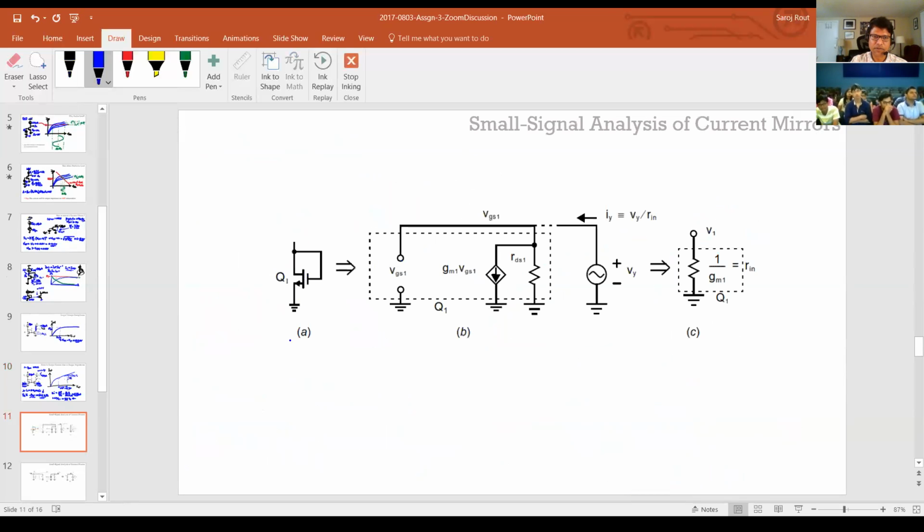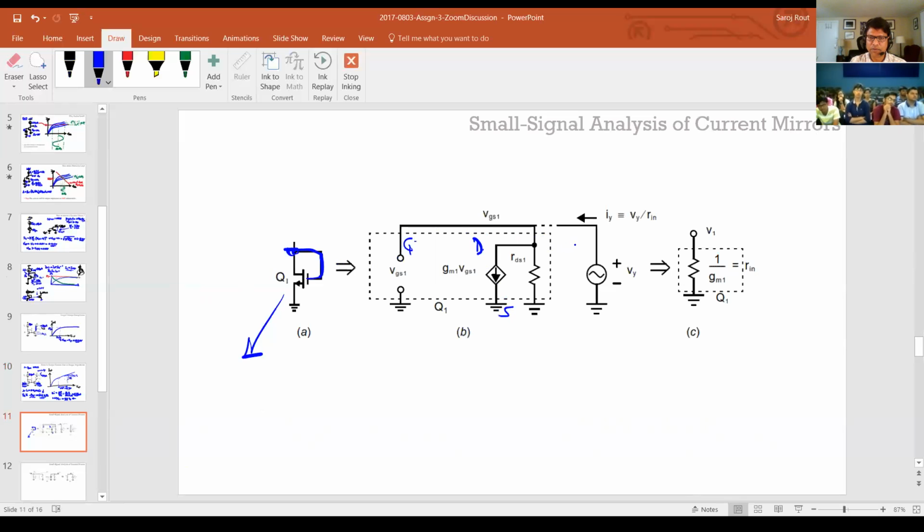If you look at the input side, you simply draw the small signal version of this, you draw the gate. So that's your gate, drain, and source, and the gate to drain are connected, right? This gate to drain is connected here, so that's why you have it short.